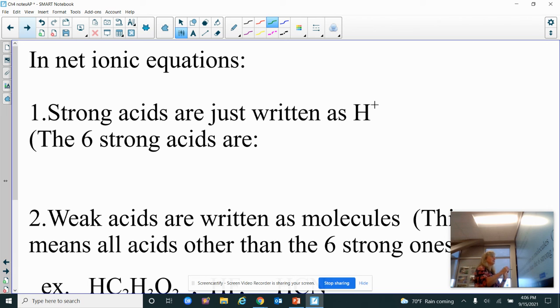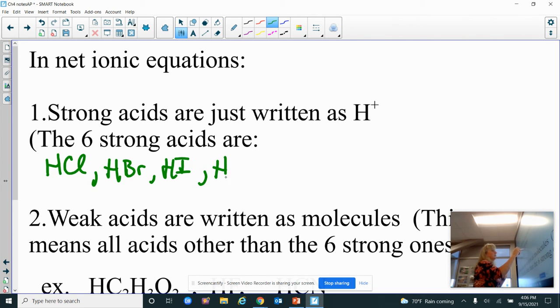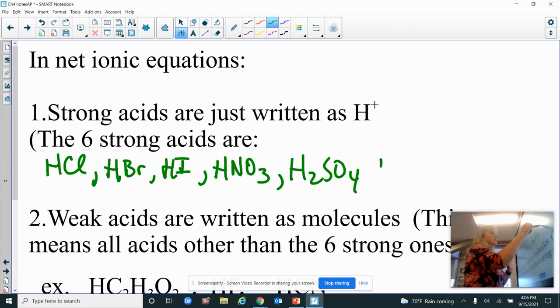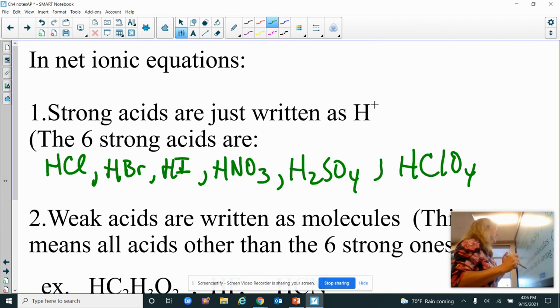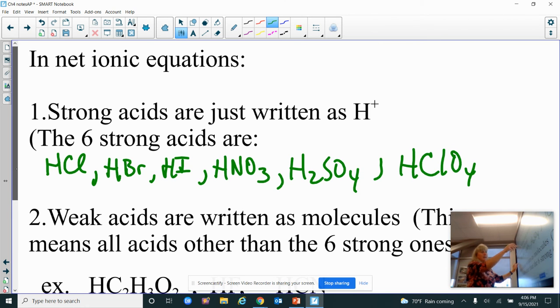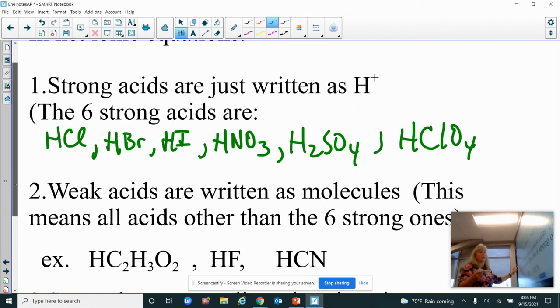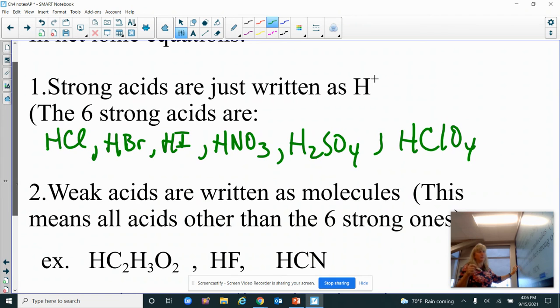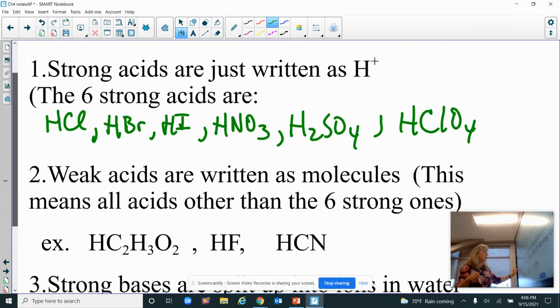So the 6 strong acids, once again, you must know those: HCl, HBr, HI, HNO3, H2SO4, and perchloric HClO4. Those were just written as H plus, and then the anion usually cancels out, but if you're writing it, it'll have the minus charge.